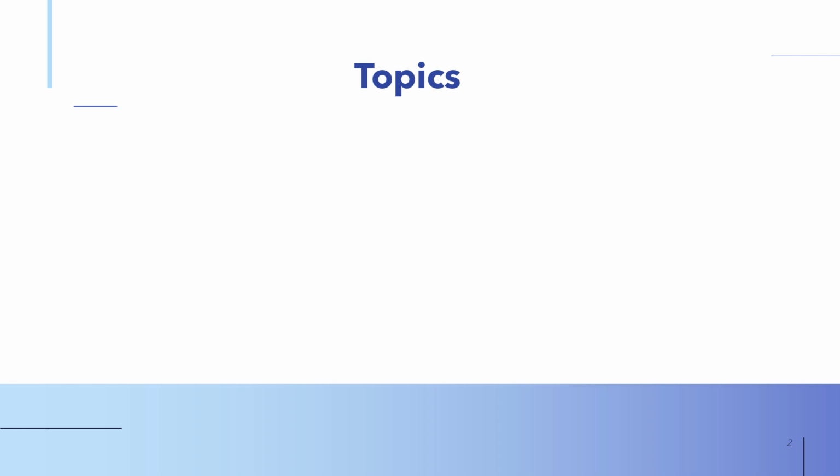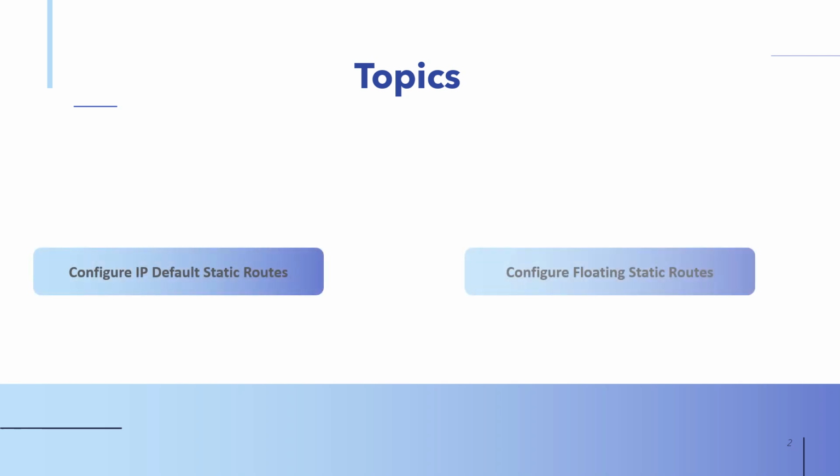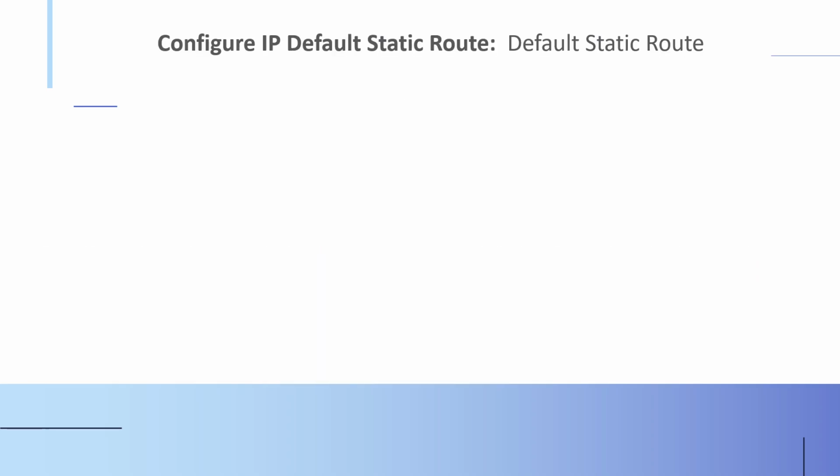We will configure a floating static route to provide a backup connection. And lastly, we will configure IPv4 and IPv6 static host routes that direct traffic to a specific host. So without any further information, let's go and configure the IP default static routes.